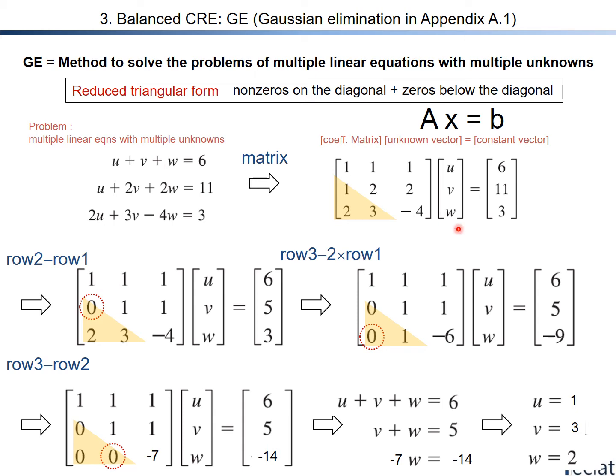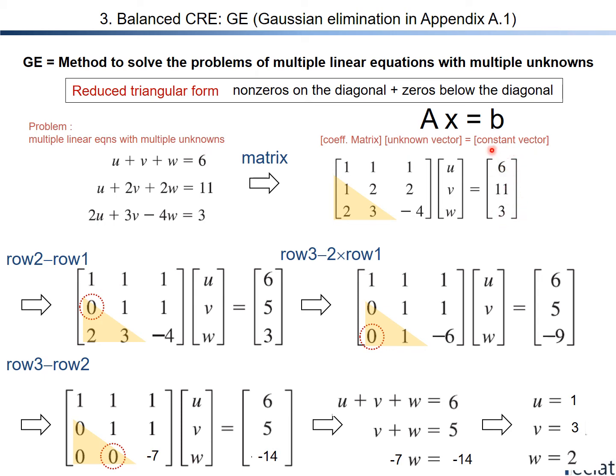This is the unknown vector u, v, w, and the stoichiometric coefficient matrix: 1, 1, 1 here, 1, 2, 2 here, 2, 3, actually -4 here. And you also have another constant on the right hand side of the equation: 6, 11, 3.